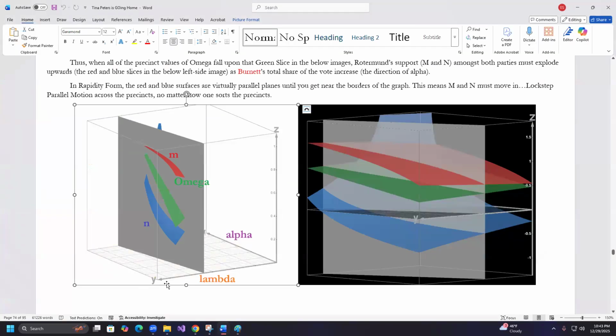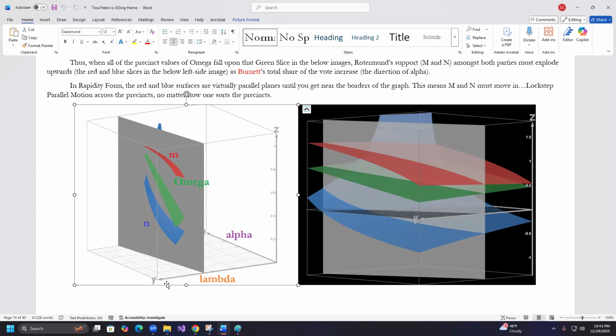That's what lambda is on the y-axis, and they preset this manifold in 3D space across all the precincts in the county, and we see this since 2020. The rig is actually really, really dumb. Once you have this predetermined manifold installed on every tabulator, all of the ballots, no matter who they voted for and no matter where they come from, what precinct or congressional district, like in Nevada, they all do the exact same thing.